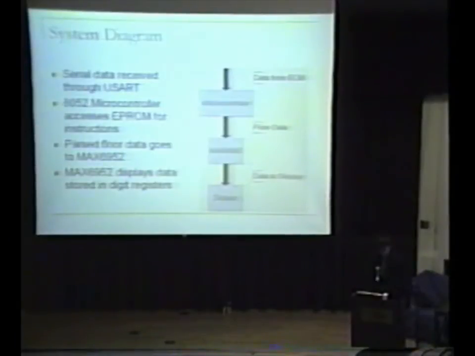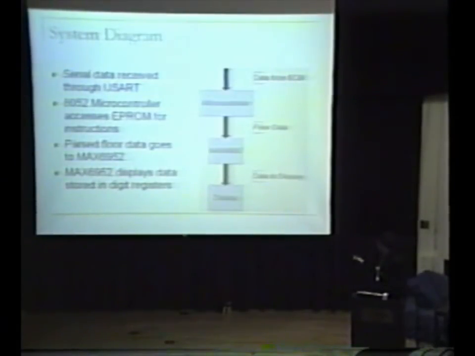Here's a system diagram. Up here is the microcontroller portion of the circuit. This includes the microcontroller, the EEPROM, and the USART, which is internal in the microcontroller. The data comes in here from the elevator control module, enters through the USART, and then can be processed by the microcontroller with the use of instructions from the EEPROM.